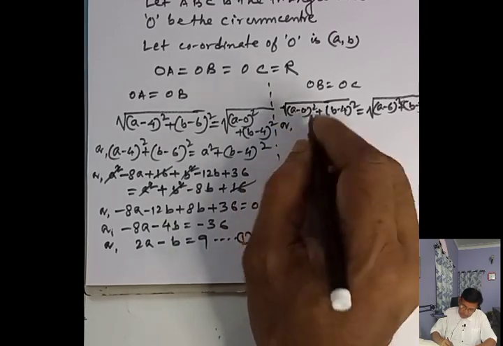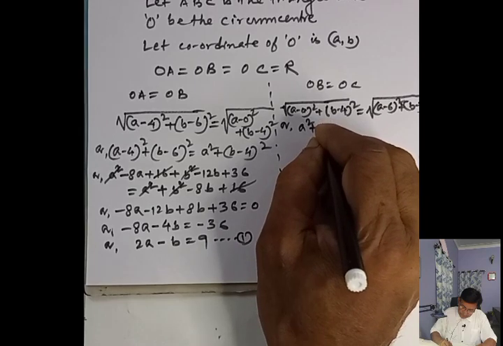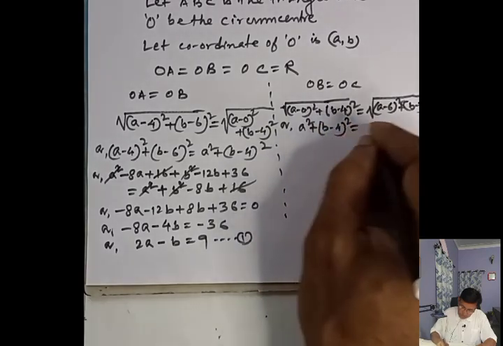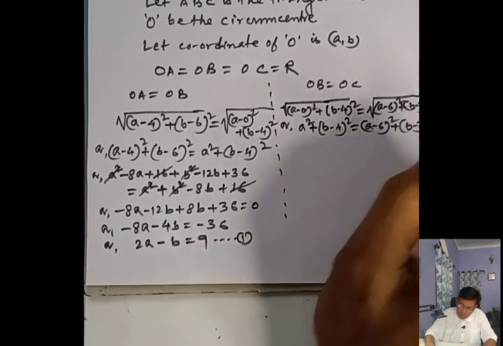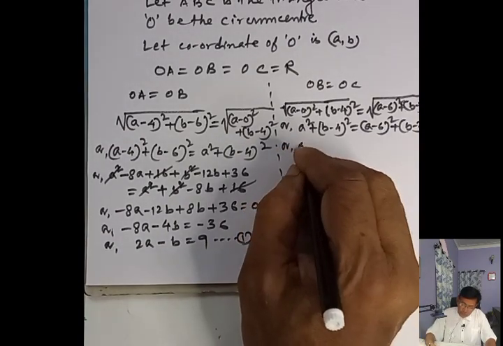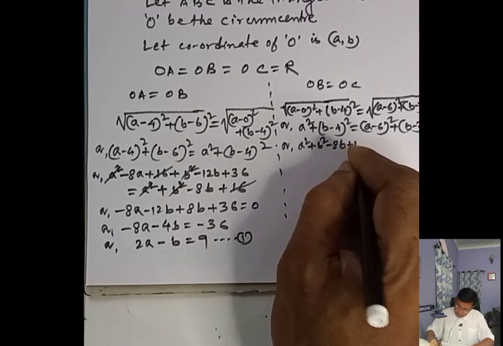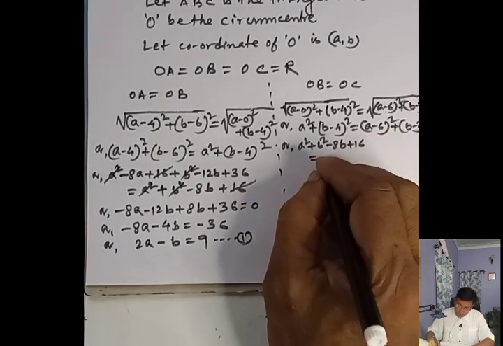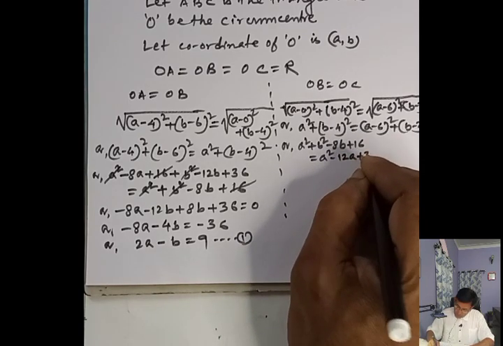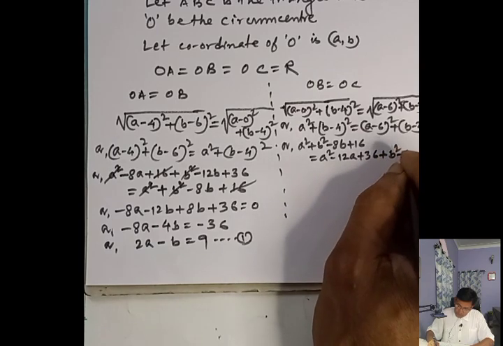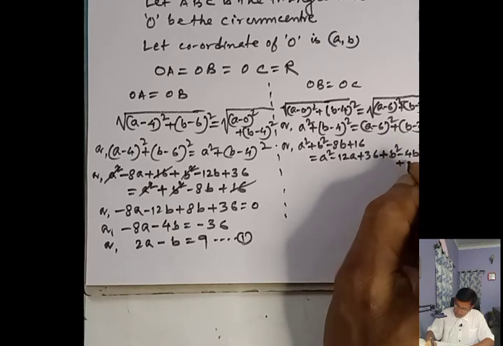Squaring both sides we will get a square plus (b minus 4) square is equal to (a minus 6) square plus (b minus 2) square. Now after expansion, a square plus b square minus 8b plus 16 is equal to a square minus 12a plus 36 plus b square minus 4b plus 4.